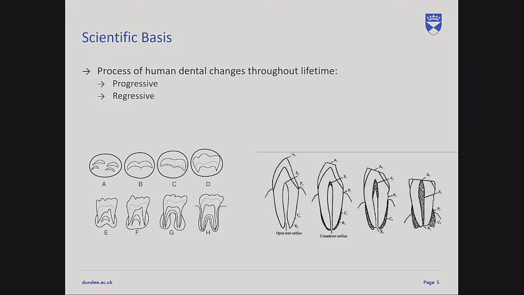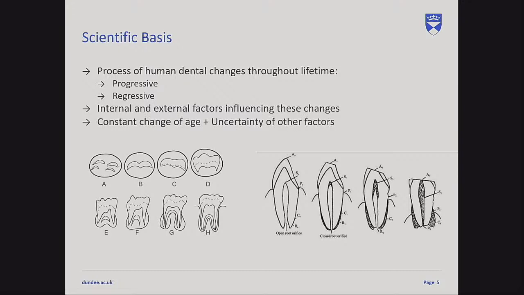It's either attrition or root resorption, anything. And there are multiple factors influencing these changes, whether internal or external. There are so many factors that we meet in an intersection.